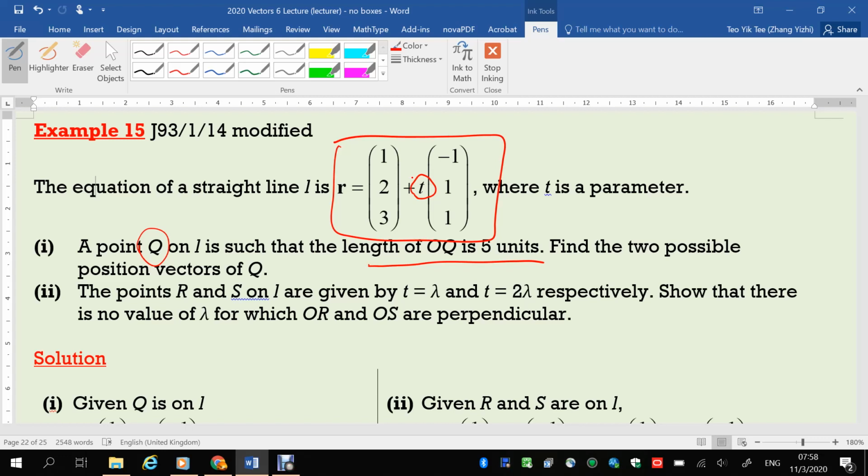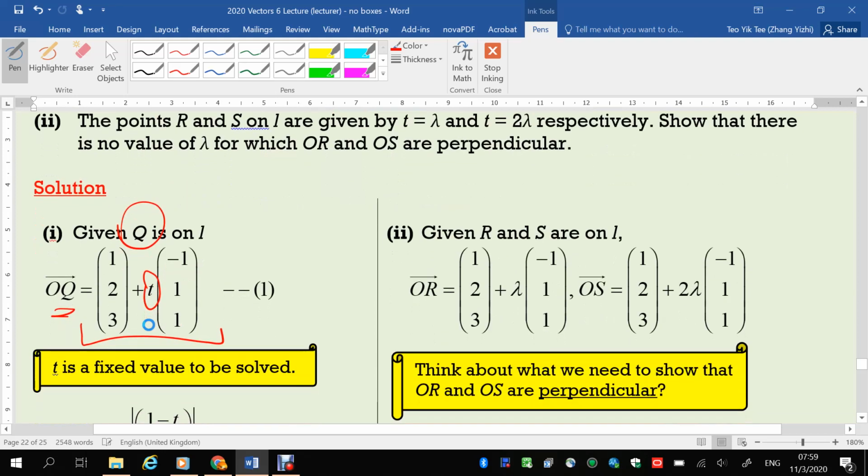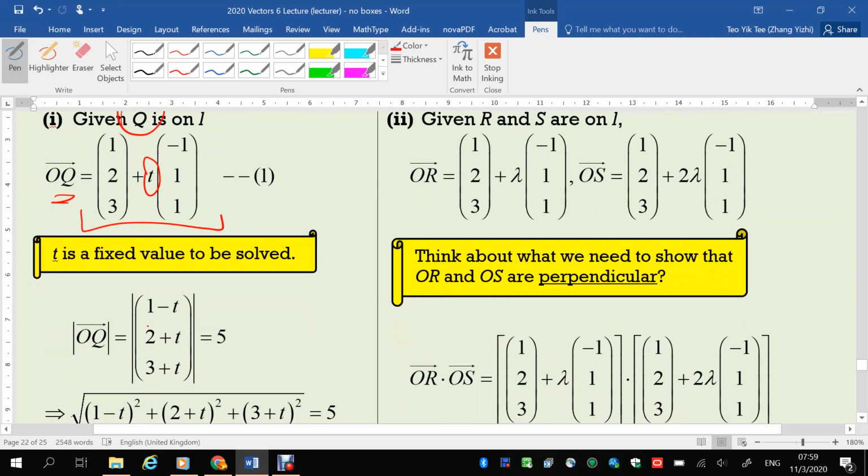So I'm going to let the point Q be on the line L. I'm going to let a special value of t represent the point OQ. So since Q is on line L, OQ must have this equation where t is a specific value to be solved.